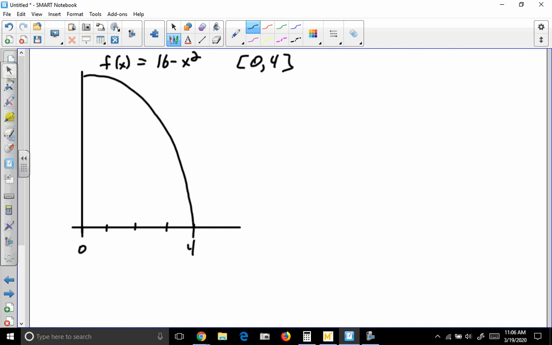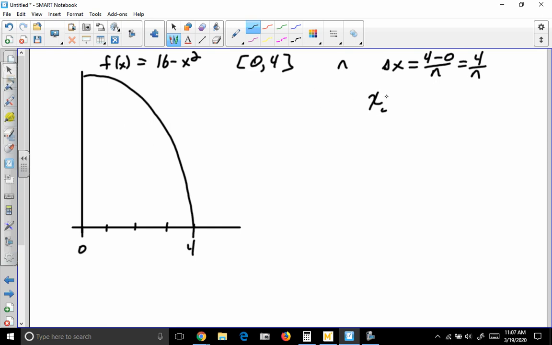So we're not going to necessarily break this into any particular number of rectangles. We're going to leave it in terms of n. So delta x is b minus a, and we're going to do it again generically. So our delta x is 4 over n. So let's do a right-hand sum.